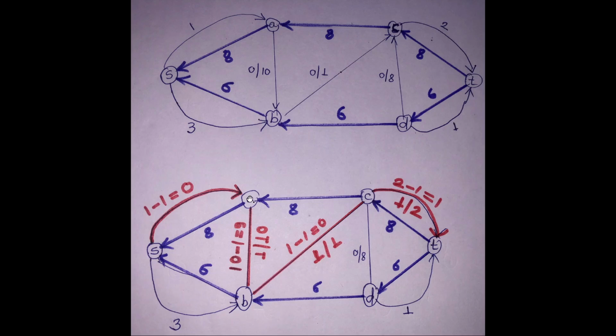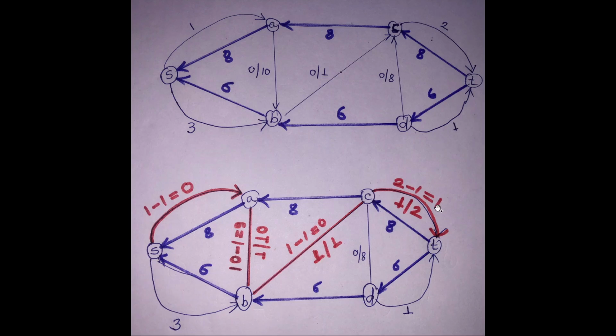S to A to B, forward direction is over here. I repeat again, A to B, then B to C, again the forward direction is over there, and C to T. So this is a new path, and the previous value was 14. The new is only 1. From this particular path, only one value we can flow, so it becomes 15.